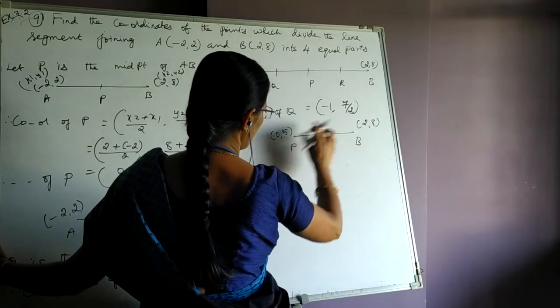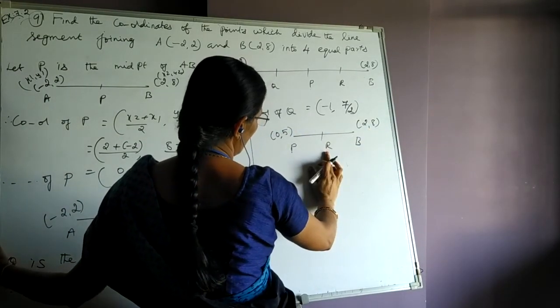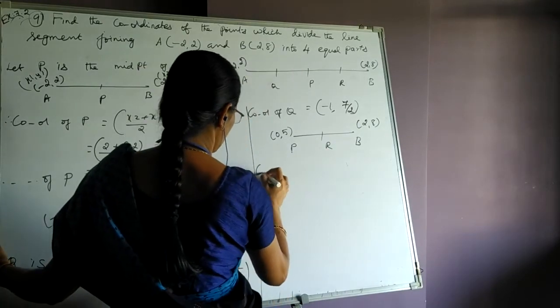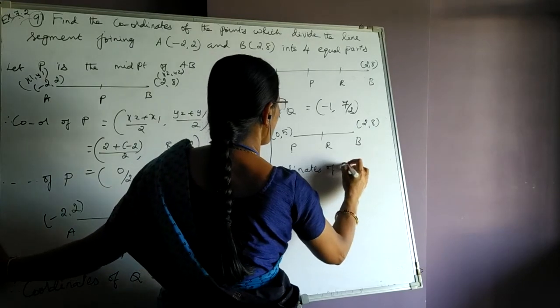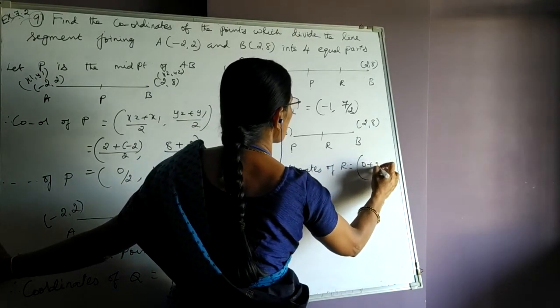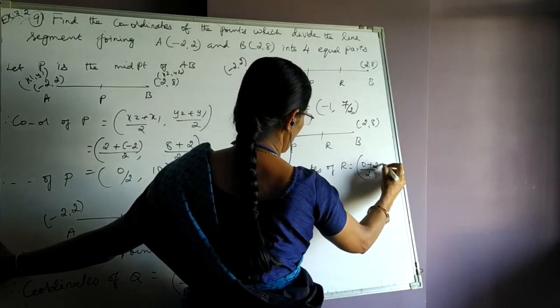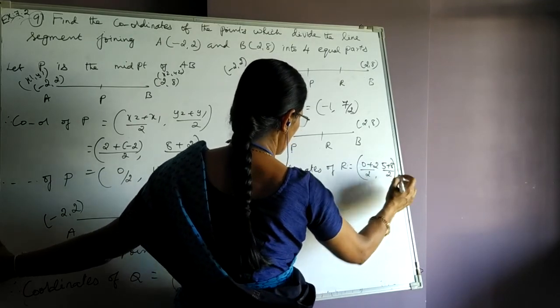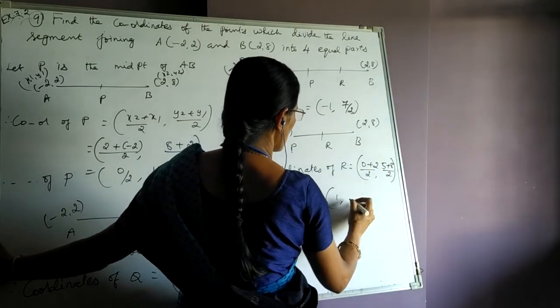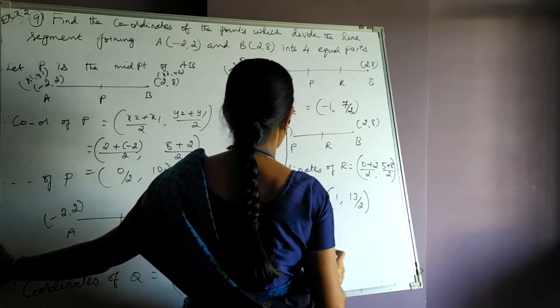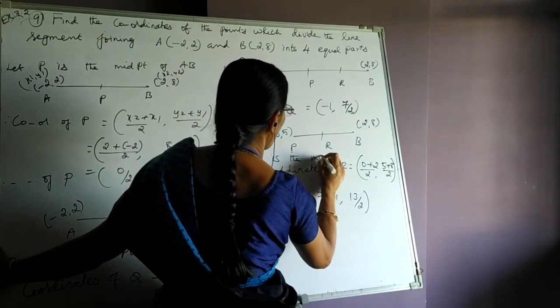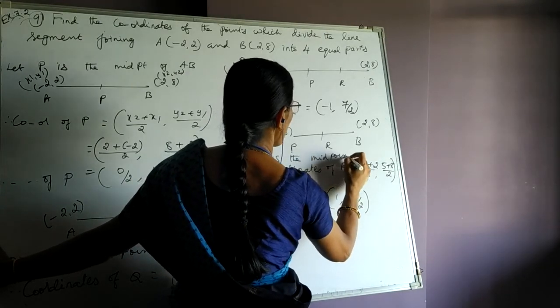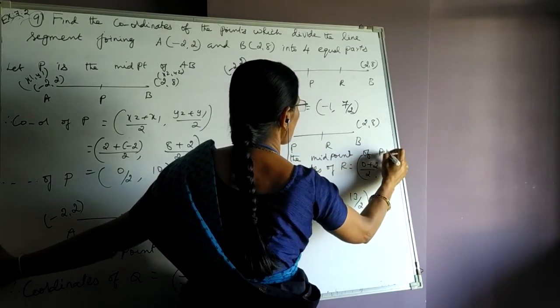So using these two and using midpoint formula, we are going to get coordinates of R. So coordinates of R is equal to (0 plus 2) divided by 2, (5 plus 8) upon 2. 2 upon 2 is 1 and 13 upon 2. So here I forgot to write, R is the midpoint of PB.